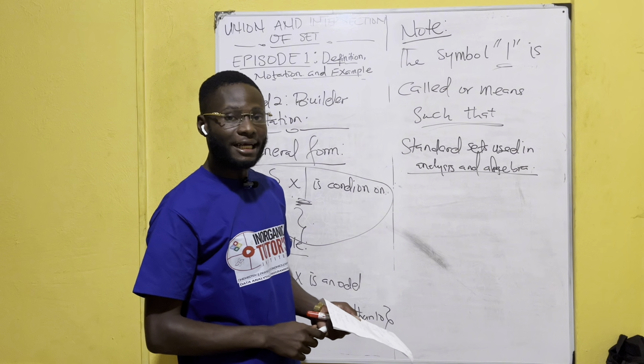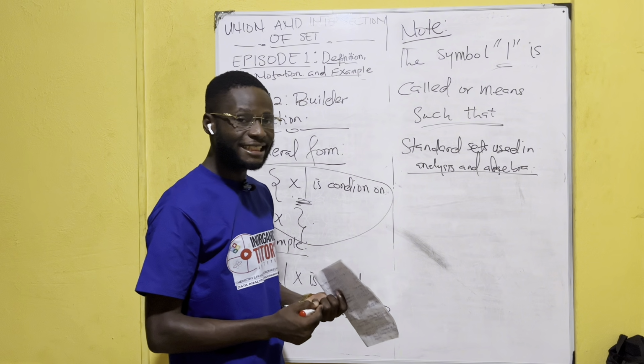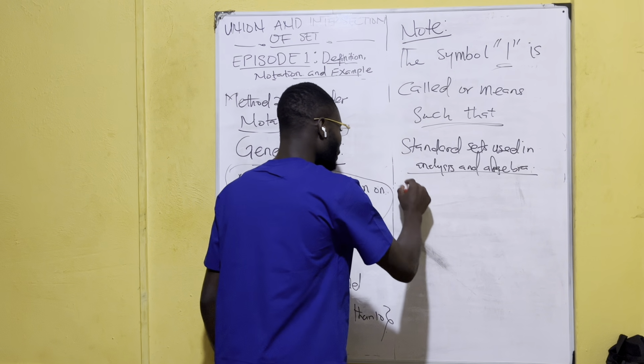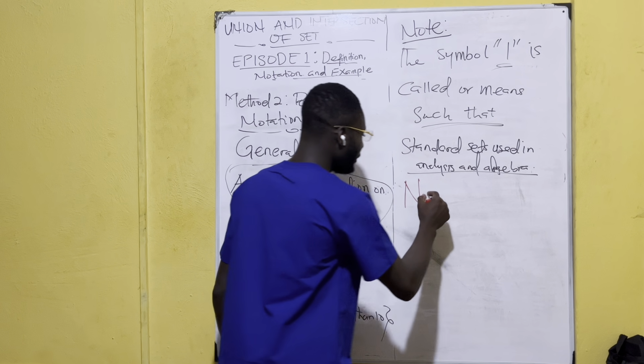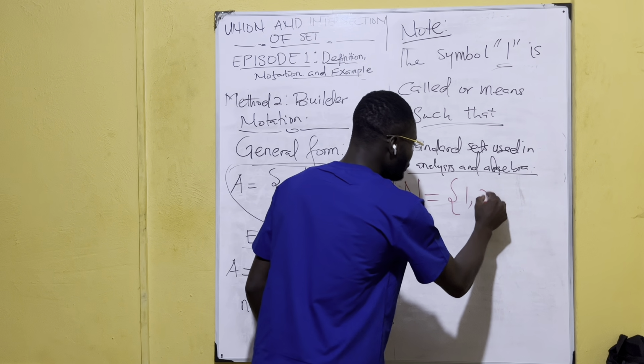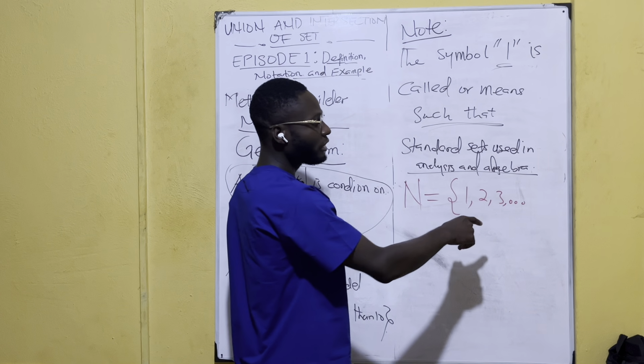The first one is capital N. That capital N means natural numbers. So N is equal to 1, 2, 3, three dots, up to infinity.